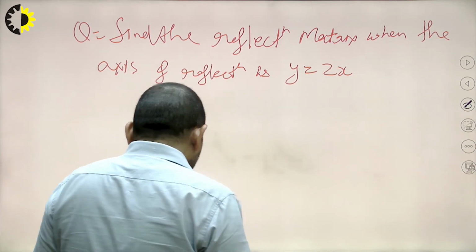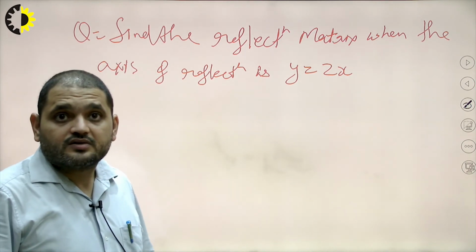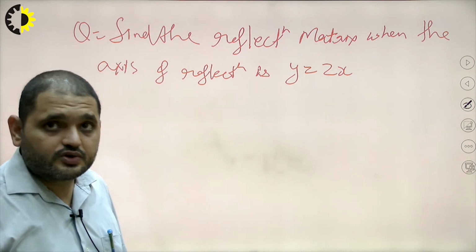So for this we have to find the reflection matrix when the axis of reflection is y equals to 2x.